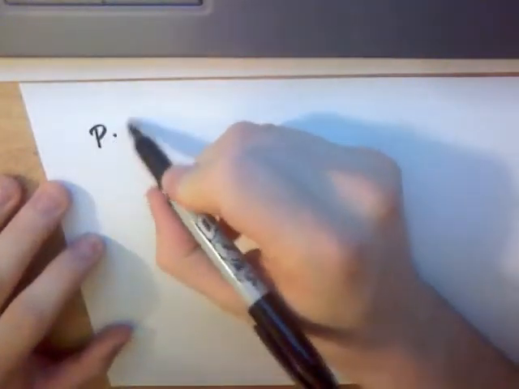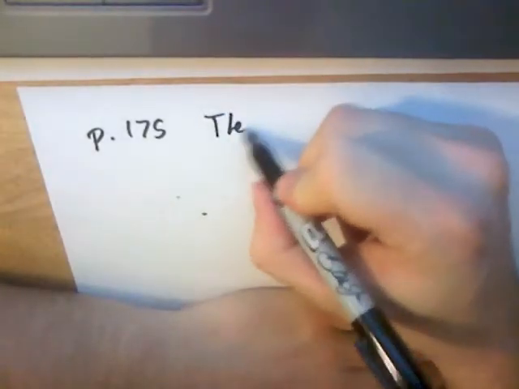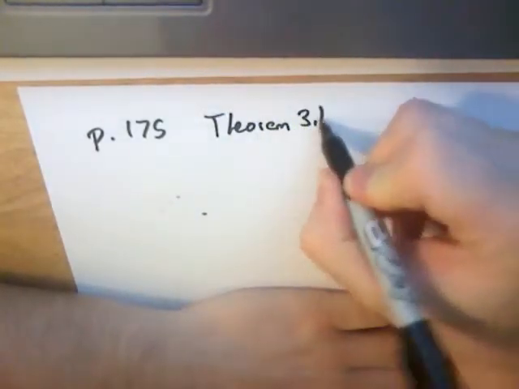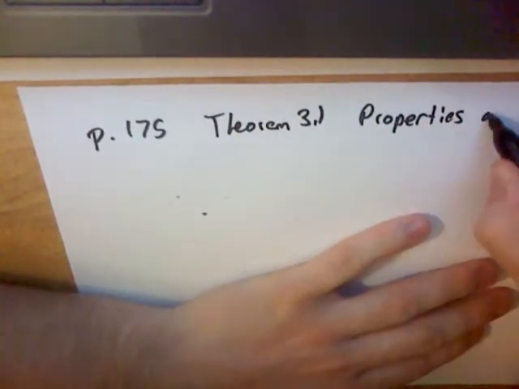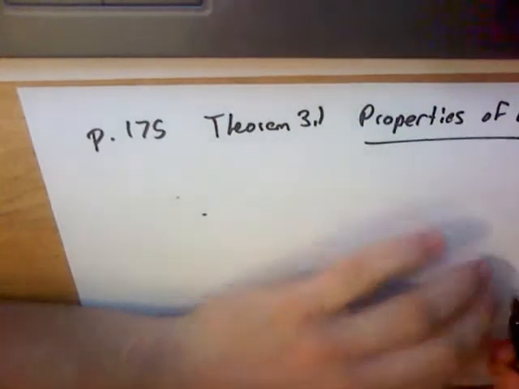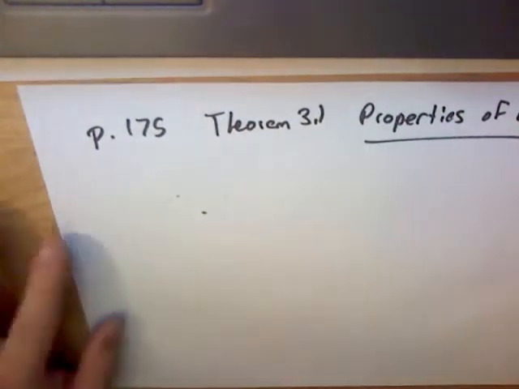On page 175 of your textbook, Theorem 3.1, the properties of limits, is very, very useful. But it's important to note when it applies. This Theorem 3.1 starts with, suppose f of x and g of x are functions such that the limits as x approaches a of f of x and g of x both exist.